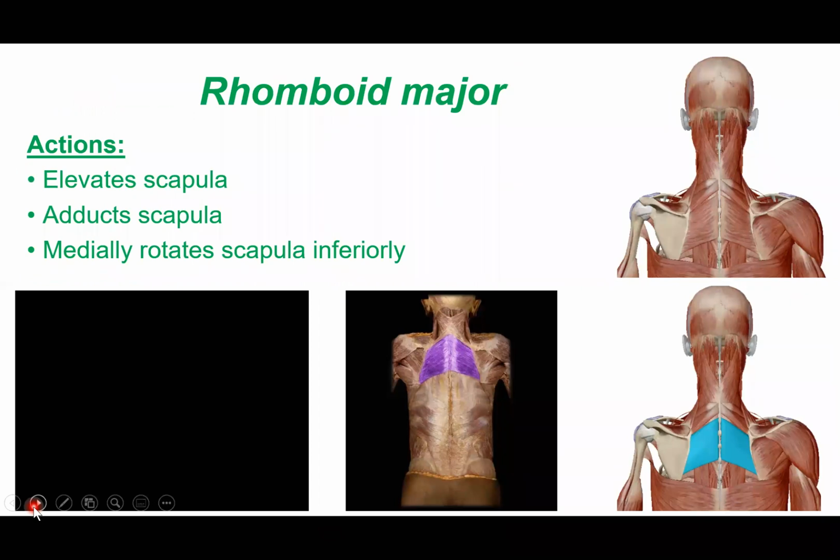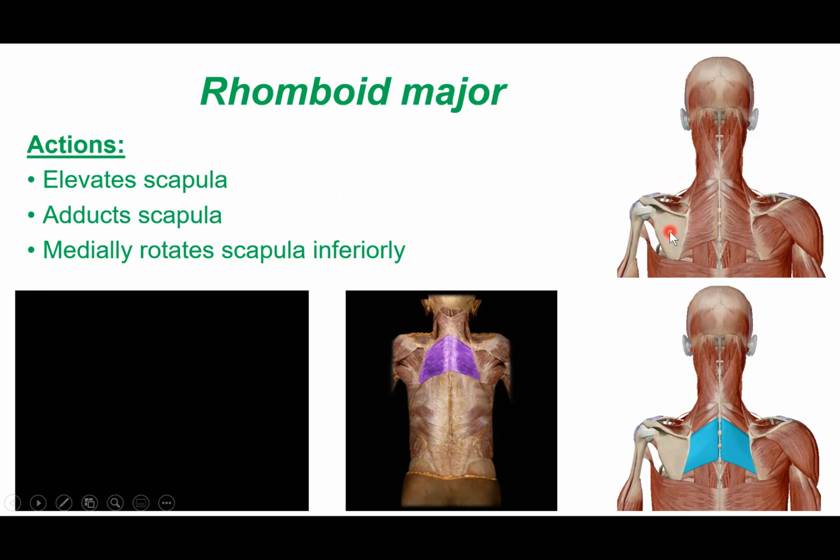So next we have rhomboid major, and again, this is one that you just have to know the action for. So rhomboid major, I have it highlighted here in blue. So in this top picture, it would be this muscle, and on our cadaver image would be this one. The rhomboid major is going to elevate the scapula or bring it superiorly.